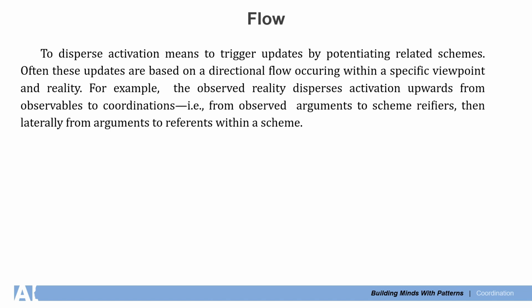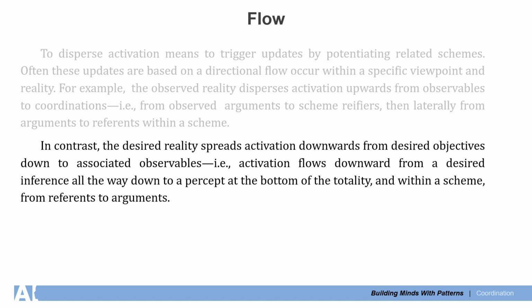To disperse activation means to trigger updates by potentiating related schemes. Often these updates are based on a directional flow occurring within a specific viewpoint in reality. For example, the observed reality disperses activation upwards from observables to coordinates, that is, from observed arguments to scheme reifiers, then laterally from arguments to reference within the scheme. In contrast, the desired reality spreads activation downwards from desired objectives down to associated observables.